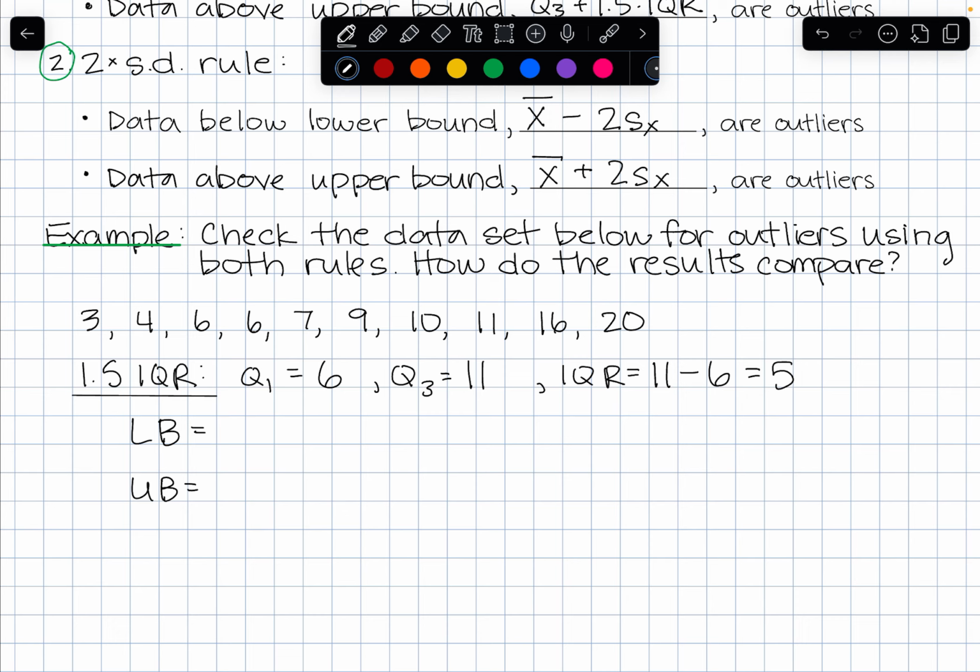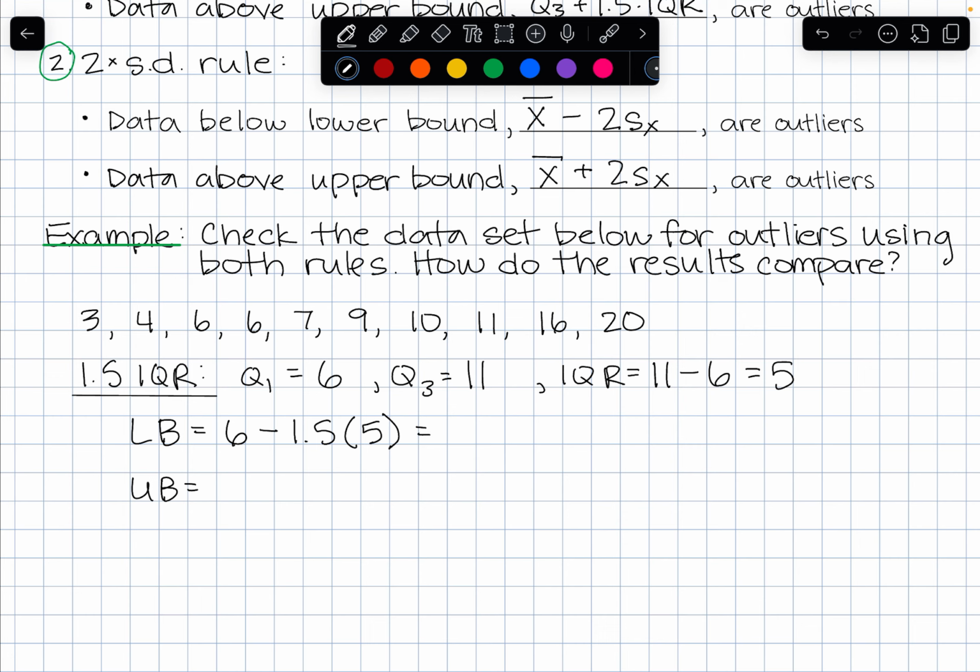So for our lower bound, we're going to do 6 minus 1.5 times the IQR, which is 5. So I'm going to grab my handy dandy calculator and go ahead and do that. So 6 minus 1.5 times 5.